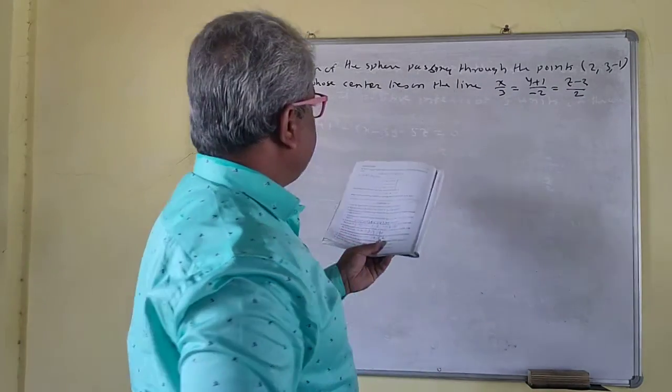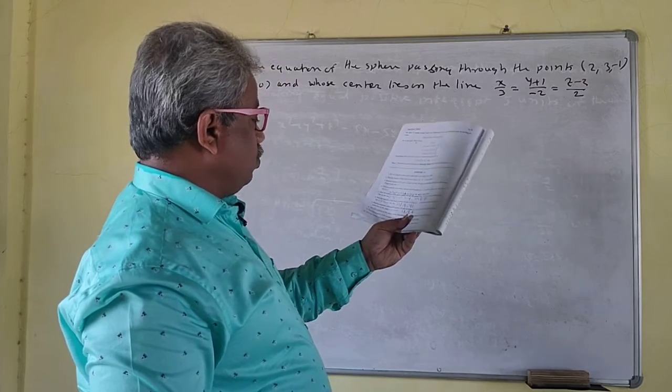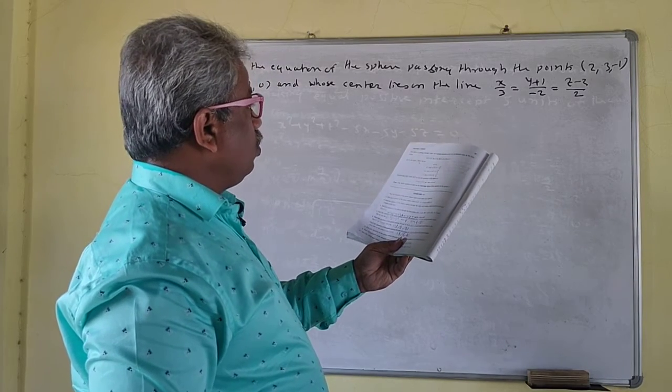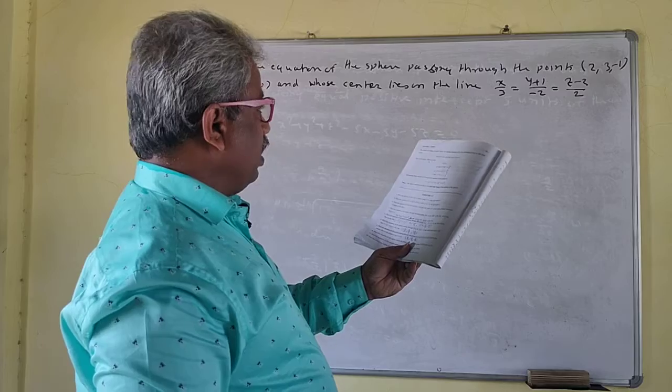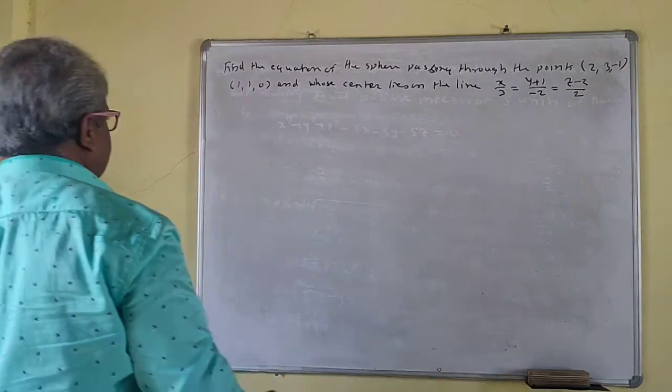Points are (2, 3, minus 1) and (1, 1, 0). Solution.